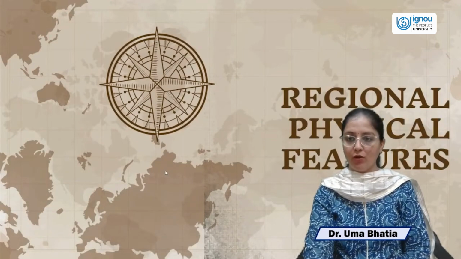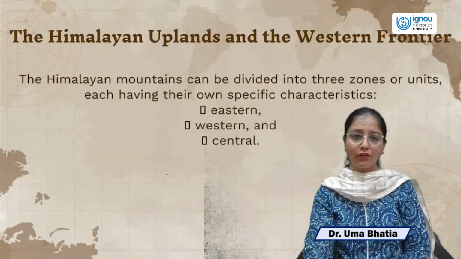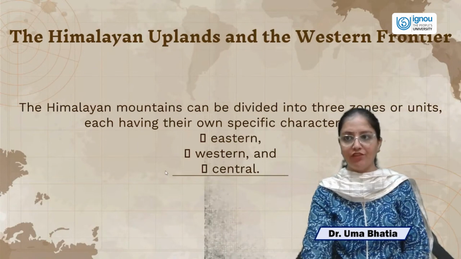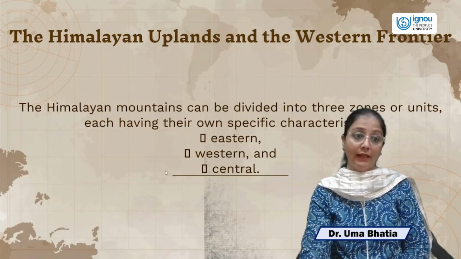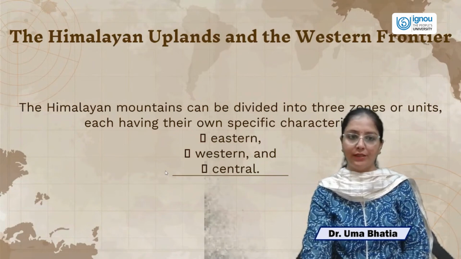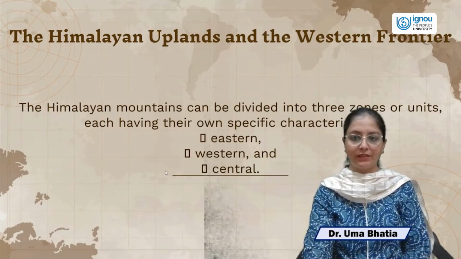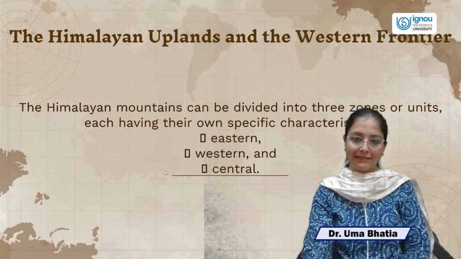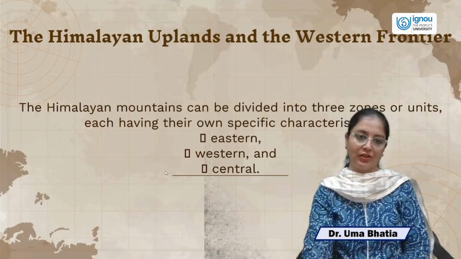Now we will study the regional physical features. First of all, the Himalayan uplands and western frontier. Himalayan mountains can be divided into three zones, three units, each having their own specific characteristics: eastern, western, and central.